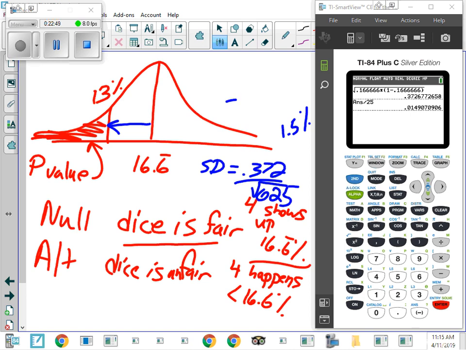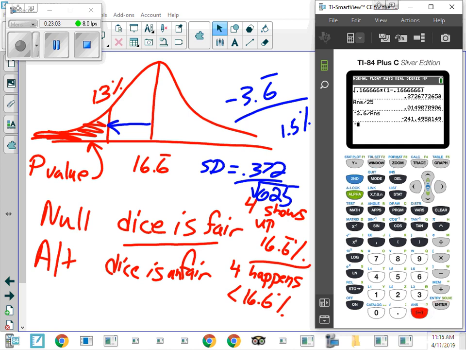So I'm going to take negative 3.6 repeating and divide it by 1.49. And I get a z-score of negative 2.46.